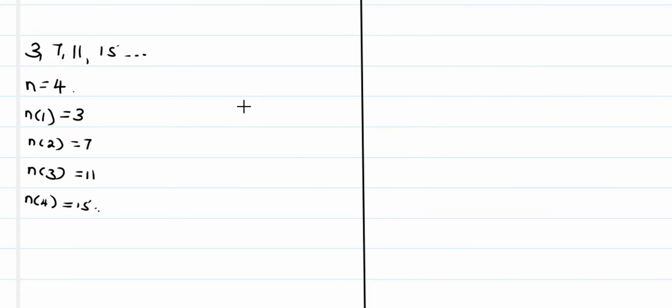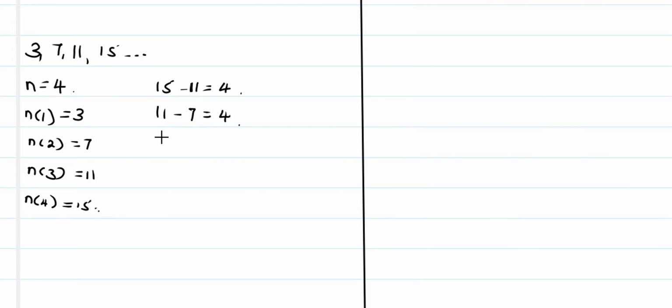Then from there, I need to find the difference between these terms to see if that difference is common. So for example, I can take the highest term, which is the fourth term, 15, and subtract the third term, so it will be 15 minus 11, which is 4. Then I take the third term, 11, and subtract the second term, 7, and the difference is 4.